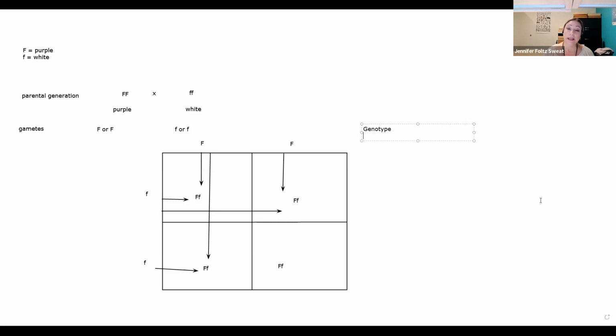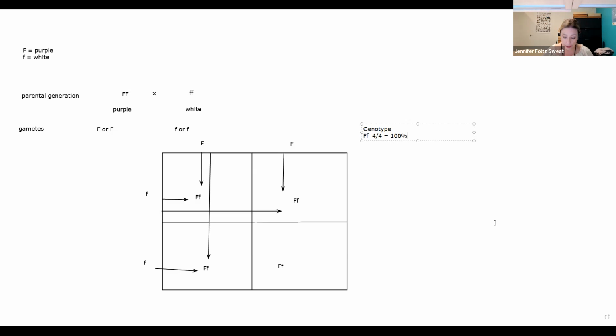And it is only capital F, lowercase f. Now what you will do is count the number of squares out of 4 that have that genotype. And it is 4 squares out of 4, which equals 100%. So all of the offspring for the parental cross will have big F, little f.